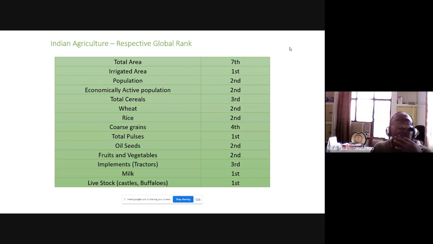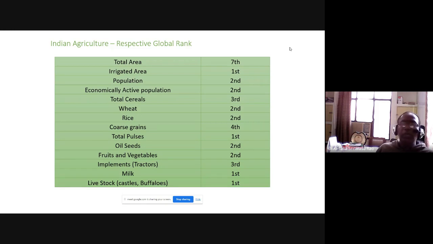Then, as you know, at the global level, how is the Indian rank in different types of products? If we can see, among the total area of cultivation in agriculture, this is the seventh rank, and irrigated area point of view, first rank in the world.